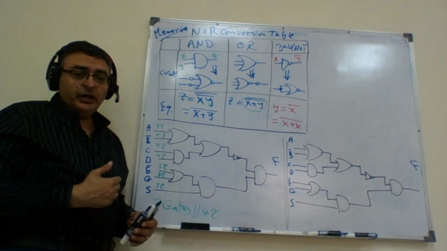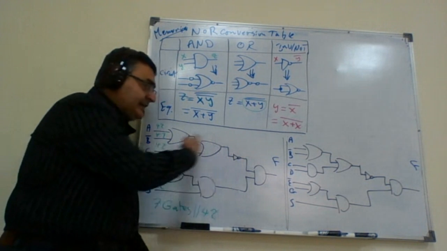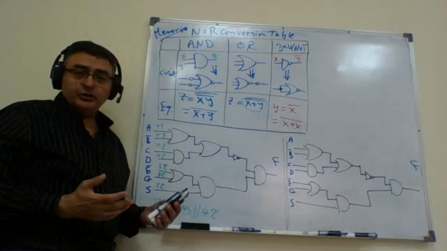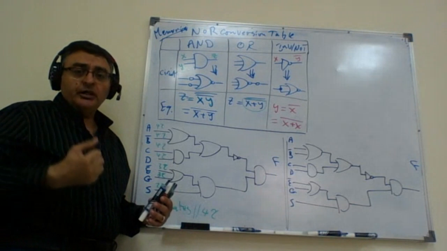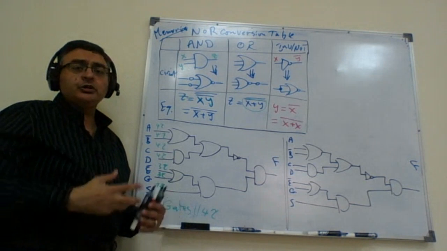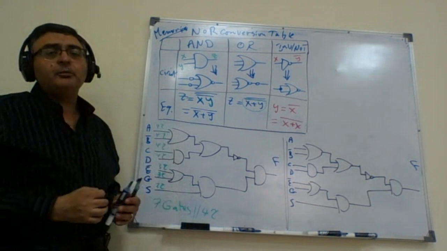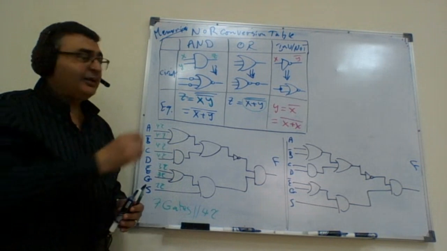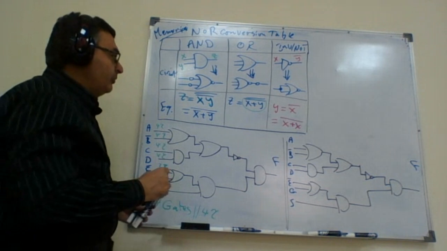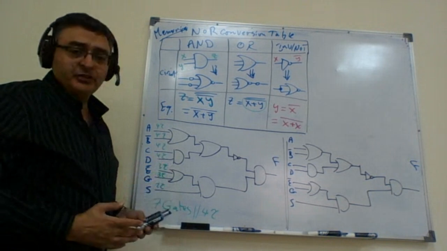Now we will learn how to convert the exact same circuit from a general multi-level circuit that uses the inverters, the ANDs and the ORs, into a circuit only using one type of logic, which is the NOR gate in our lecture today. So the technique is very simple.